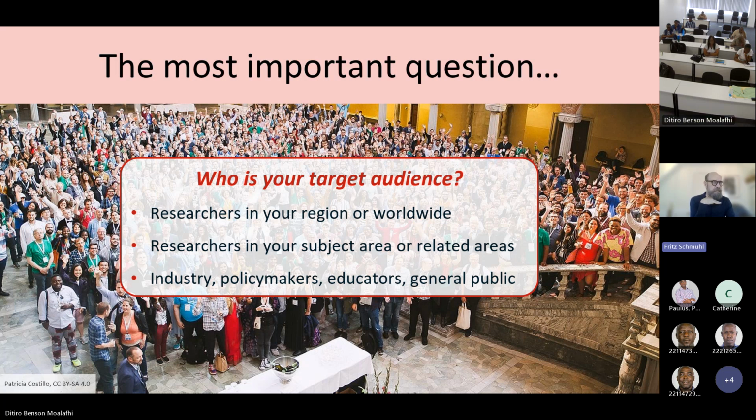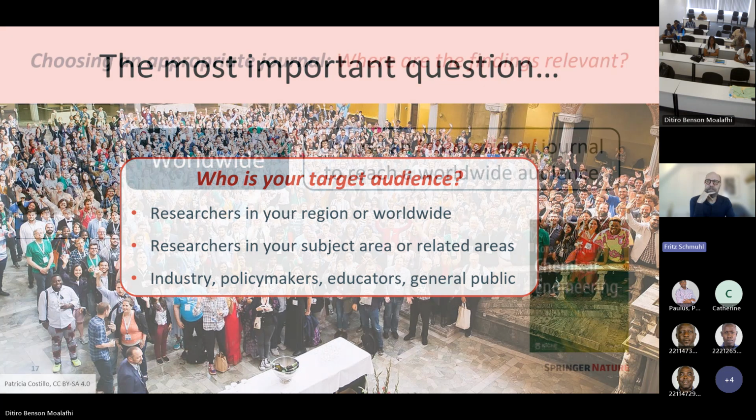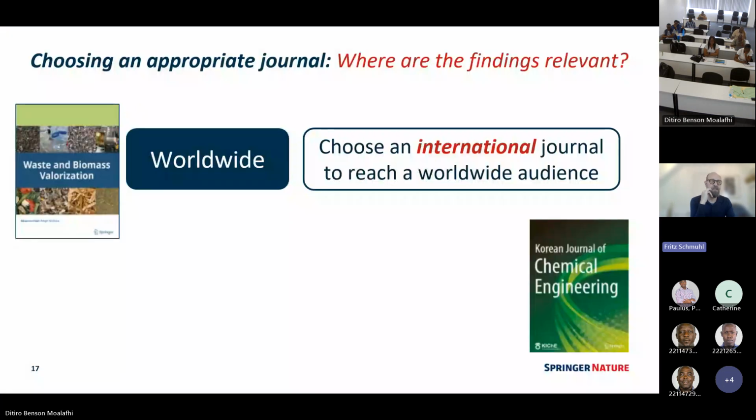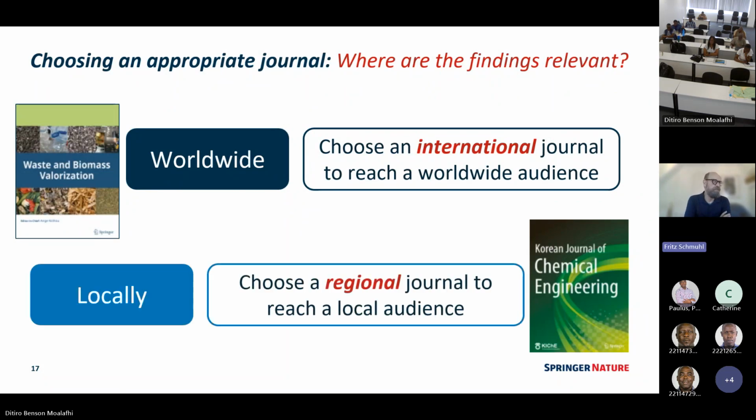Next slide, please. That also determines to a certain degree how you will choose an appropriate journal. Because here the question is, where will the findings be most relevant? Where will I get the audiences that my paper will most benefit from, and where will my article have the most impact?